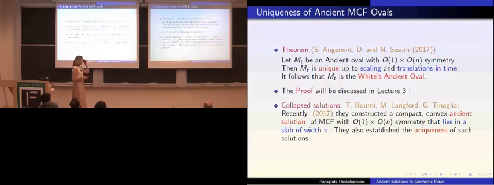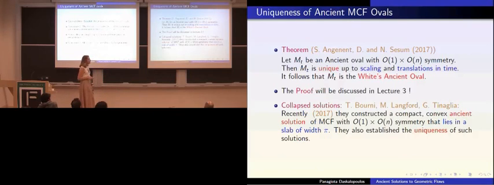And it was just posted on the arXiv, a new result by Theodora Bourni, Mat Langford, and Giuseppe Tinaglia, where they show the existence of ancient collapsed solutions that, as t approaches minus infinity, look like pancakes in the appropriate scaling, where the diameter of the pancake becomes larger and larger.